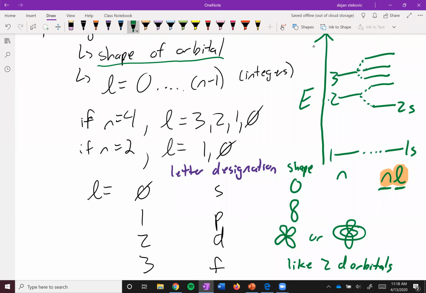And up here, we're still in n equals 2, but now our L is equal to 1, so the letter is then p. And then repeat: we're in 3, but our L is 0, so it's 3s. We're still in n equals 3, but now our L is equal to 1, so it's p. And finally, we're still in 3, but now our L is equal to 2, and so it's d. So these orbitals are called 1s, 2s, 2p, 3s, 3p, and 3d.